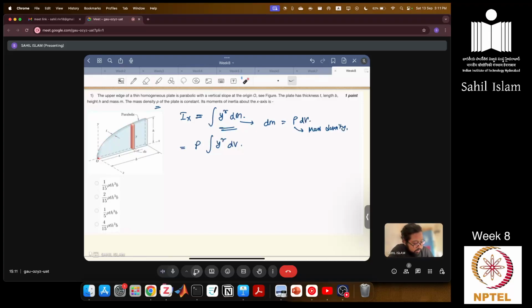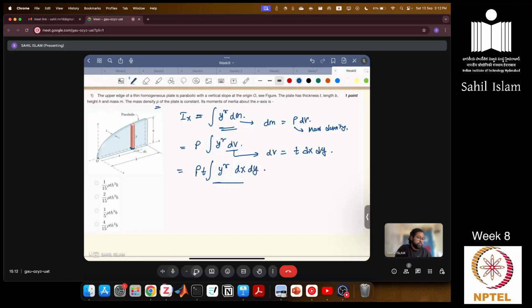But along the x and y directions the lengths are not uniform. Because along z it is uniform, we can write dv as the thickness t times a small element along x and a small element along y, so t dx dy. So what we have got is rho t times the integral of y square dx dy.